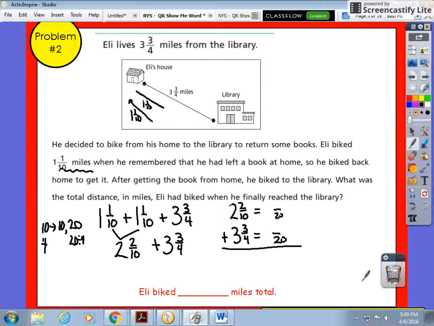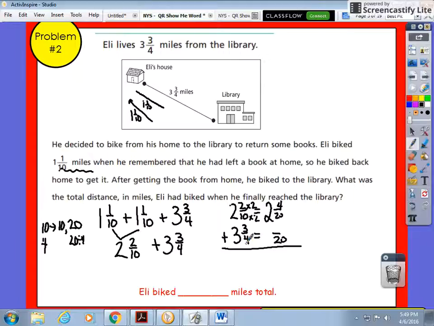To change 2/10 to twentieths, I need to multiply 10 times 2, and I also need to multiply 2 times 2, because whatever I do to the denominator, I must do to the numerator to keep my fractions equivalent. So 2 times 2 would give me 4. I still need to carry over my whole number. I have 2 4/20.